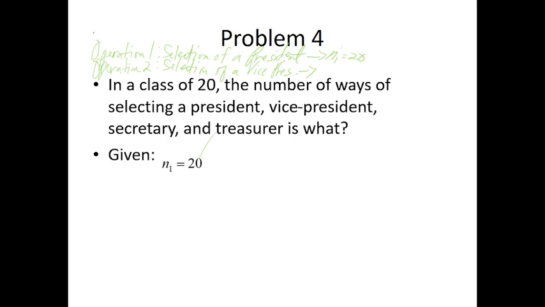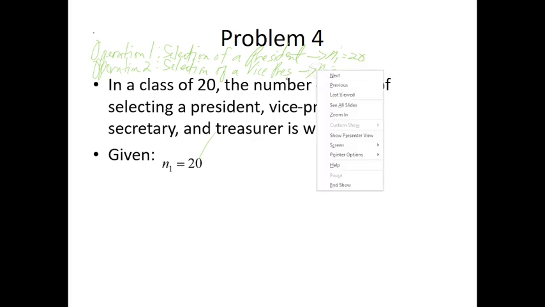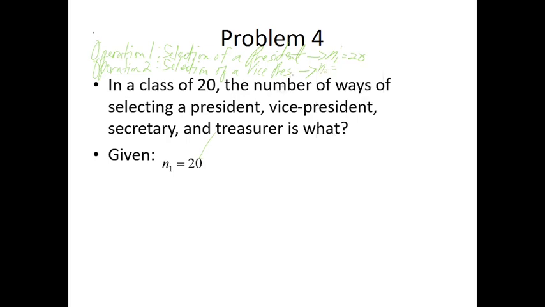Since a president was already chosen, in performing operation 2, what will be the number? So 1 already became the president. Therefore, there are 19 left that have the chance to be the vice president. Therefore, operation 2 can be performed in 19 ways.